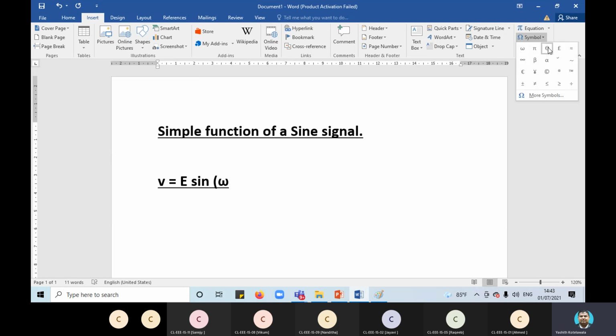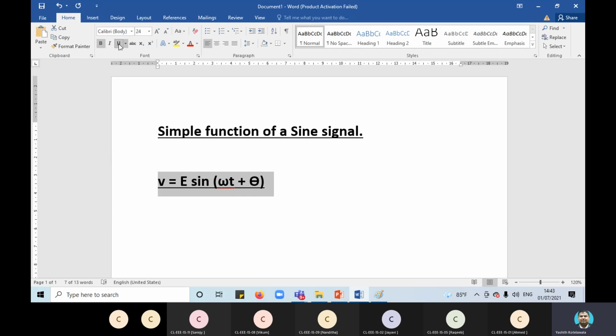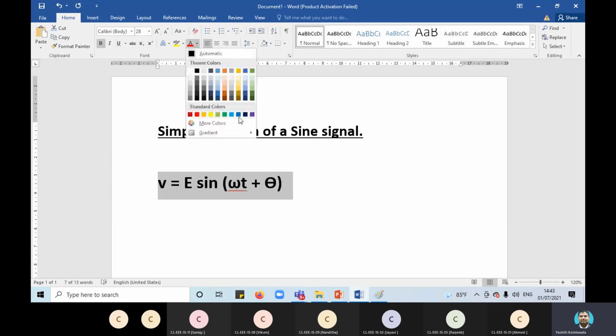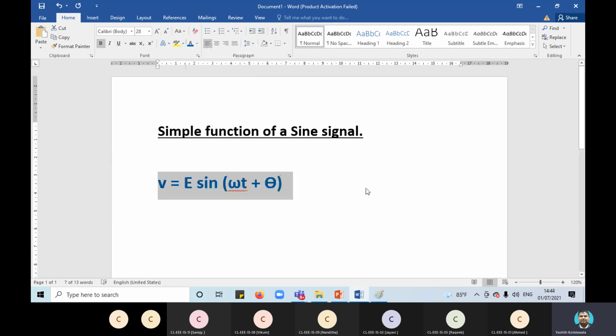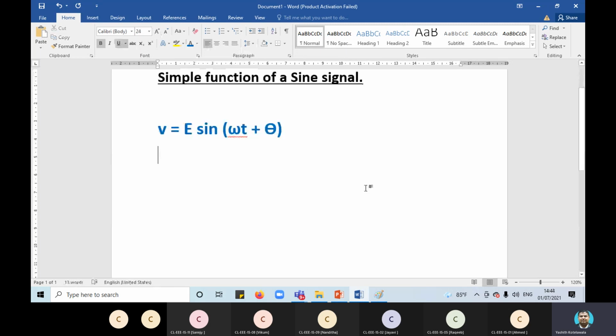Then we have theta, right? Omega t plus theta. Hope everyone can see this. Simple V is equal to E times sine within brackets omega t plus theta.